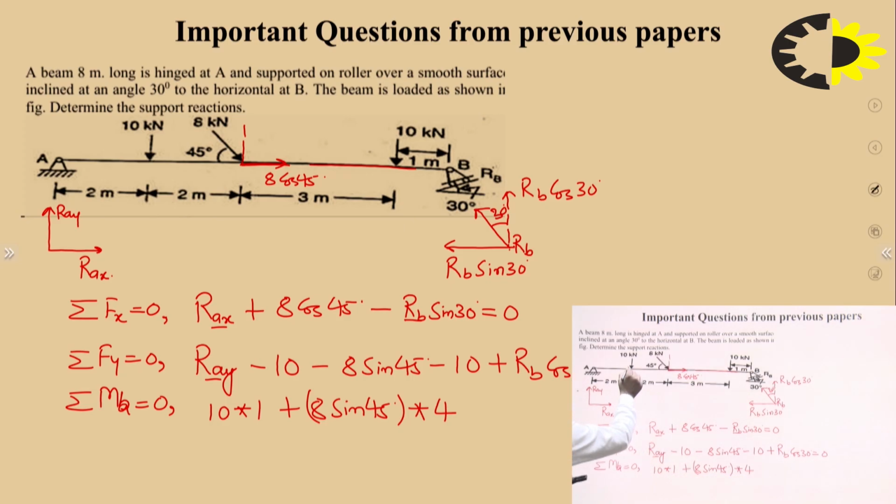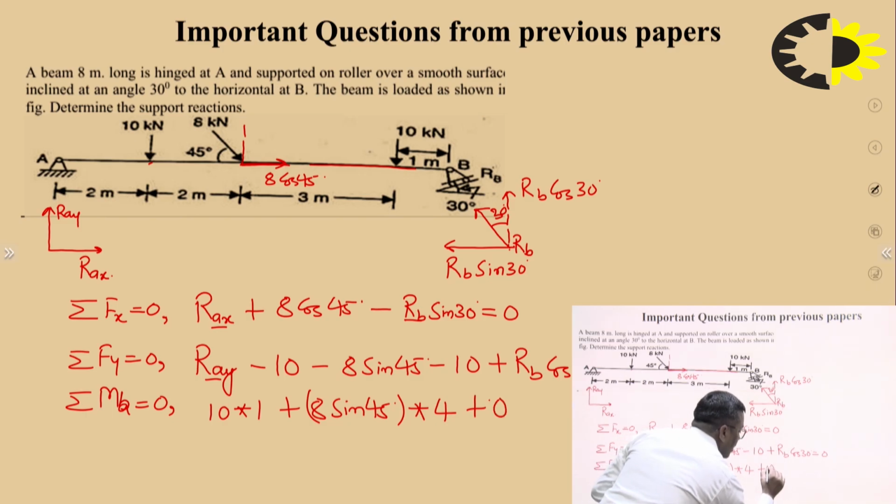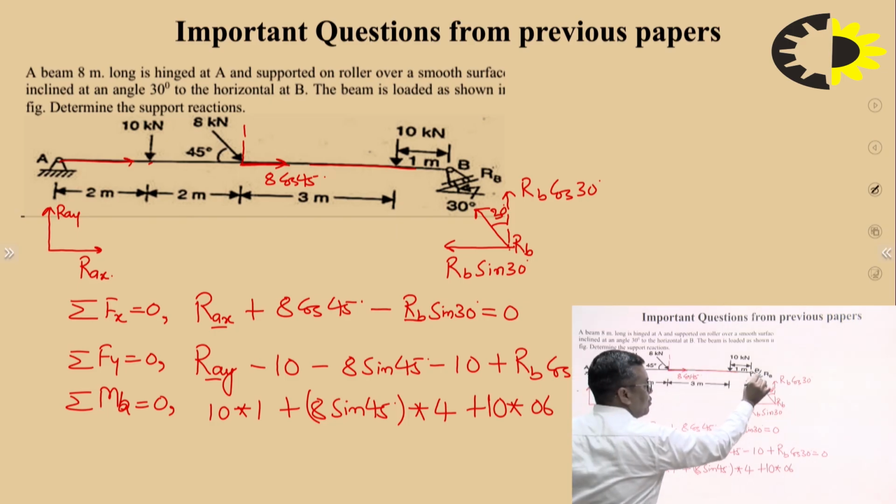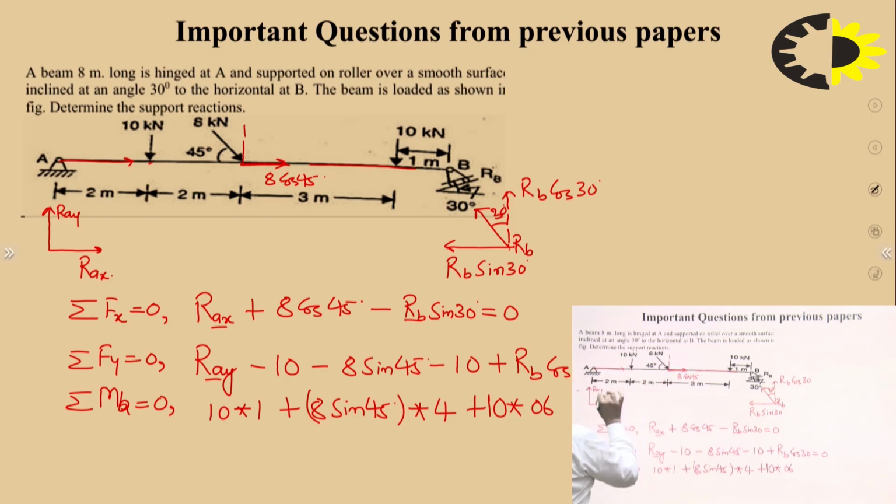Now I am coming to the another 10 kilonewton force. What is the distance of this? 6. So 10 into 6. RAX is again passing through B, so there will be no perpendicular distance, so no rotational tendency.